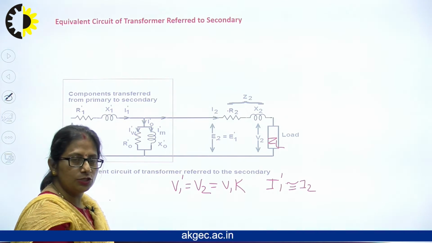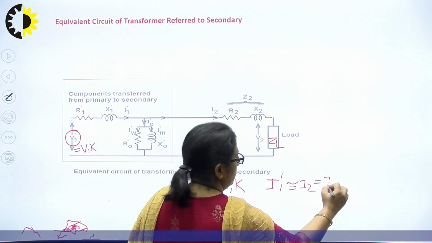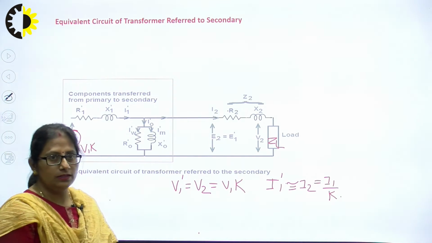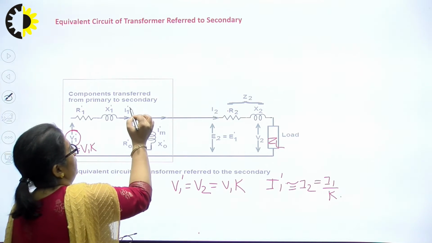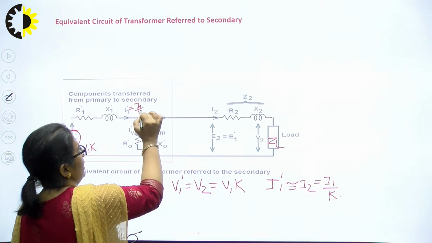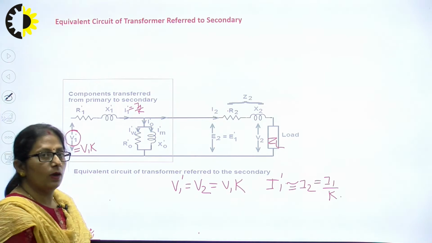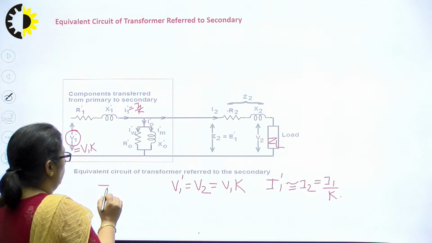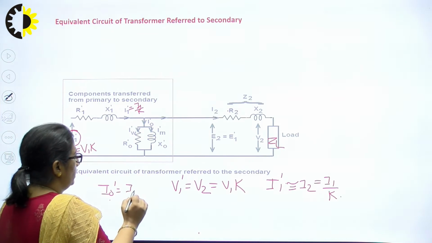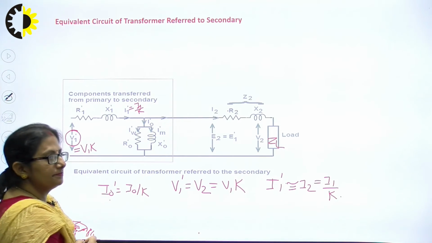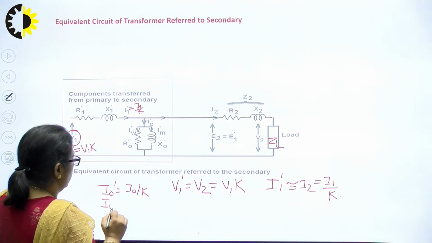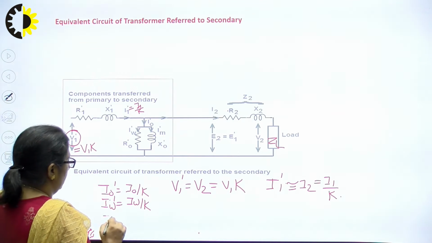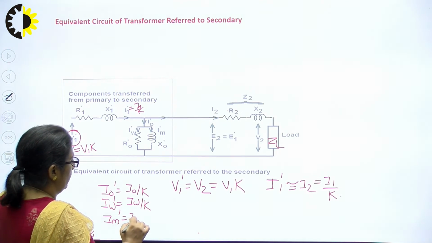And according to the transformation ratio, it has to be I1 by K. So I1 dash is equal to I1 by K. Once again, the no load current I0 will be I0 dash, which is I0 by K. Similarly, its working component IW dash will be IW by K, and IM dash will be IM by K.